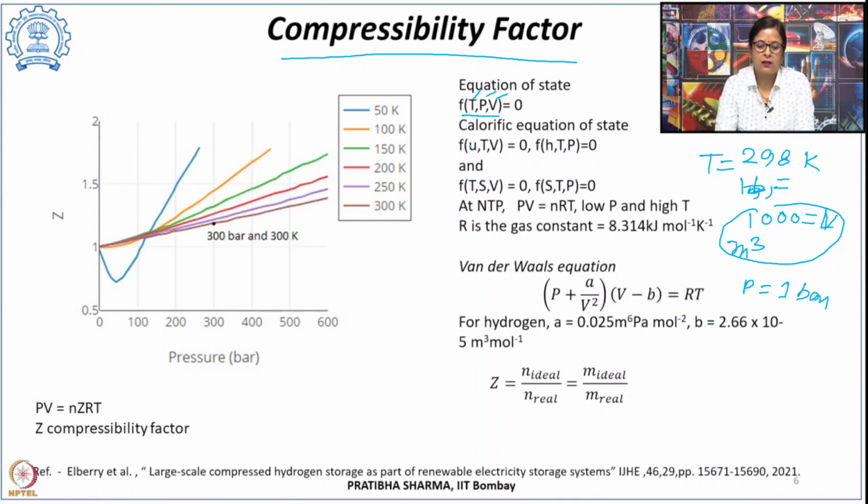Also, you can express a thermodynamic system in terms of U, T, V, internal energy, temperature, volume, or enthalpy, temperature and pressure, or entropy, temperature and pressure.